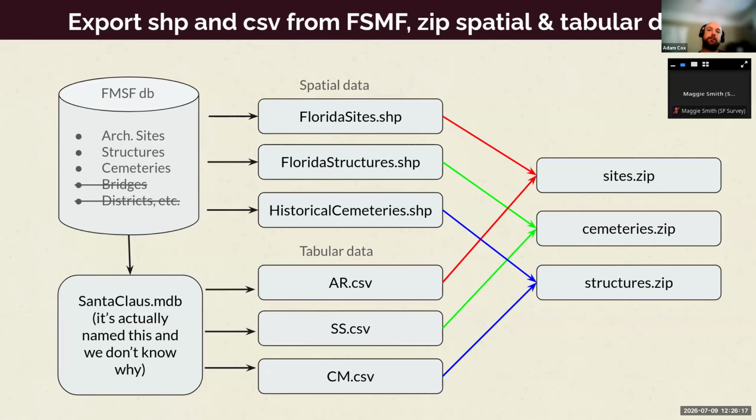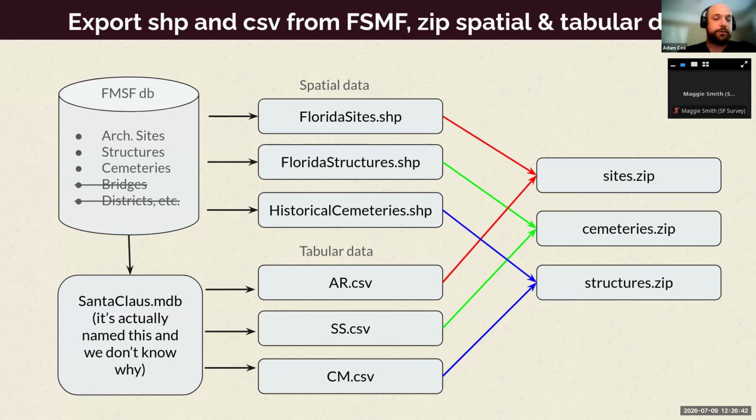This is the way data comes from the FMSF and gets into Arches through that ETL process. Cassie requests these exports from FMSF. You can get shapefiles that have the boundaries, points or polygons for each of the different resource types.